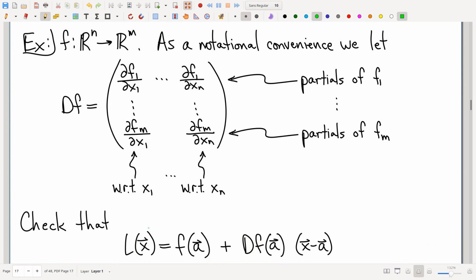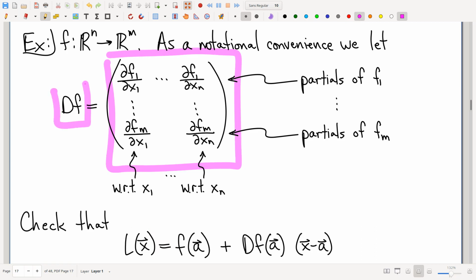Again, this is just the sort of bookkeeping convenient choice to make. So it's going to come seemingly out of nowhere. Here's the thing. This is called DF. There's a good reason we're going to call it DF. I'm going to do my best to not slip up and actually reveal that reason until it's well motivated. But anyway, we're just going to call it DF.